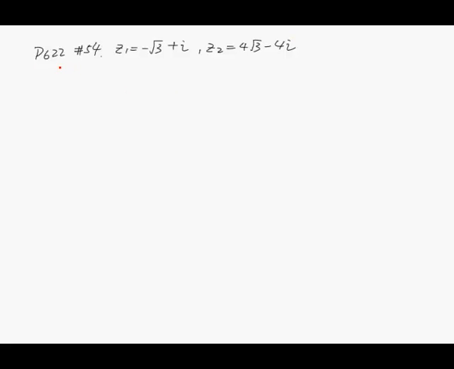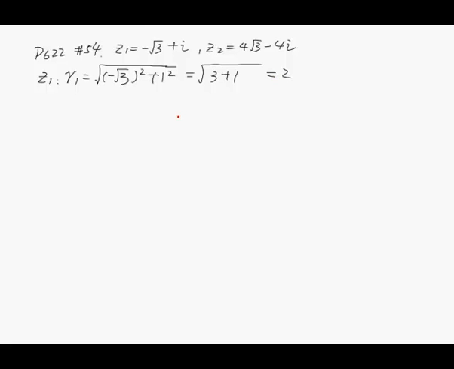For z1, let's first get its modulus. r1 is equal to the square root of the square of negative root of 3 plus 1 squared, since the coefficient of i is 1. This is the square root of 3 plus 1, so that is the square root of 4, which is 2.